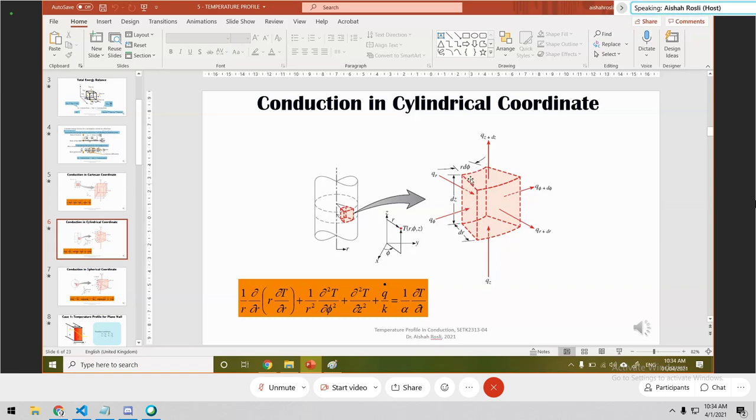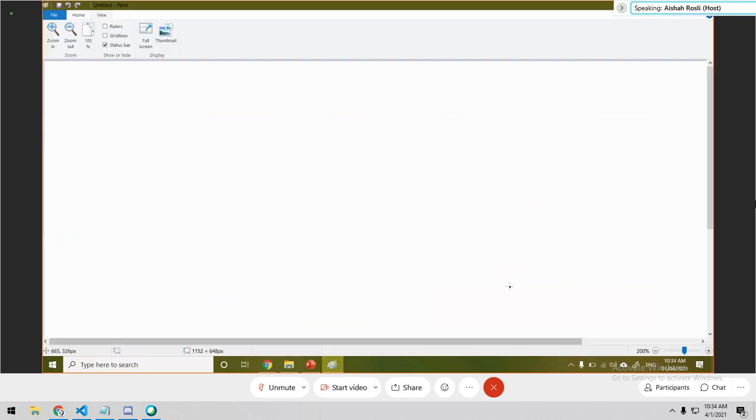However, this direction has a little bit of a curve, and that is what is going to make it slightly more complicated. In the Cartesian coordinates just now, we saw that in all the directions the lines are pretty smooth, which is straight.